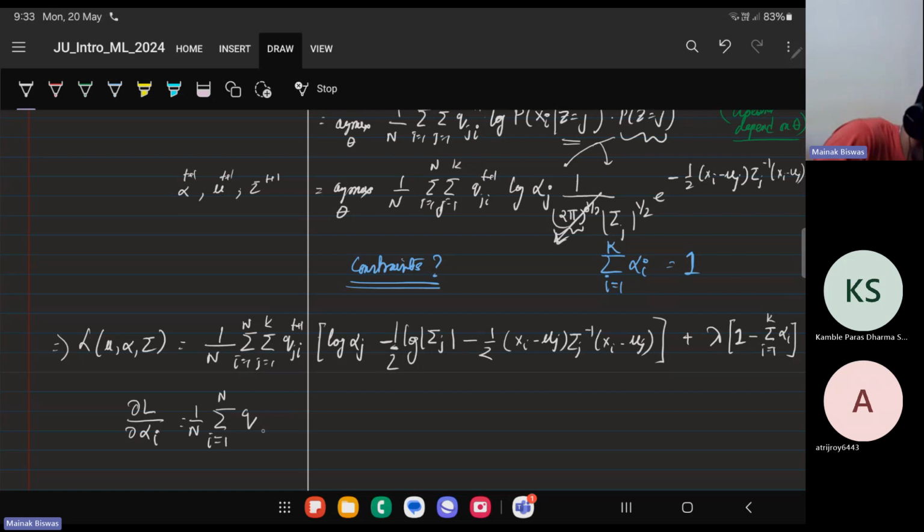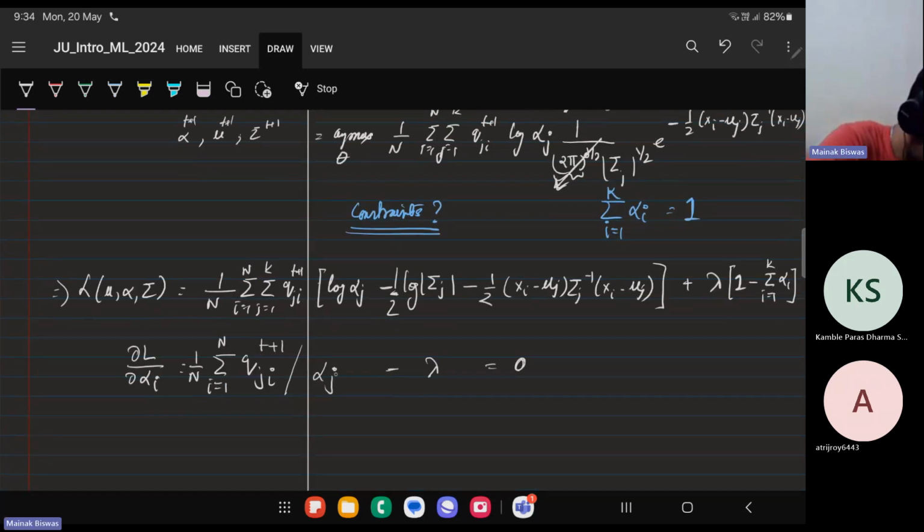Summation over i equal to 1 to n of q j i, and that will be 1 by alpha j only, minus lambda, correct? Not alpha j, alpha i. Let me write j on the left hand side, it will be easier, because I will be mixed up with j if I don't write that.